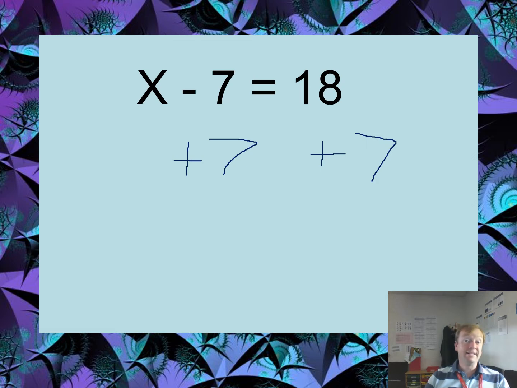Well, when I add 7 and I take away 7, it disappears, gone. So all I've got left over here is x. Got my equal sign in the middle. When I add 7 to the 18, I've got 25. So the answer to my equation is that x equals 25.